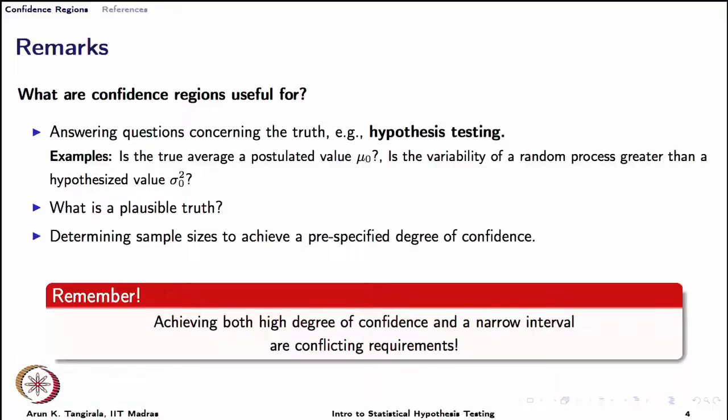This should not give you the impression that truth is a random variable. All we are going to be able to say is, with some confidence or with a lot of confidence, whether the postulated value is a likely truth. Truth itself is a deterministic thing, but our ability to answer that question has some uncertainty to it. So, remember that likely is not for the truth, likely is for our answer.